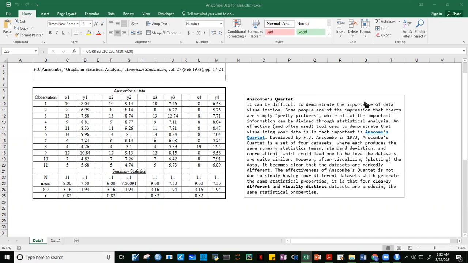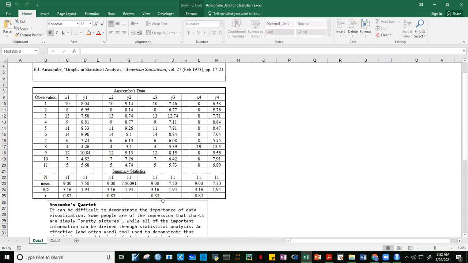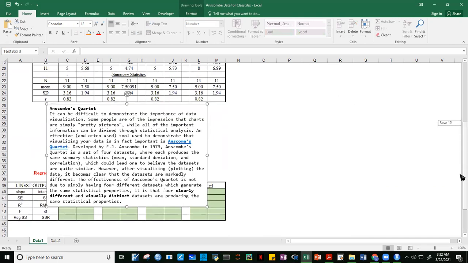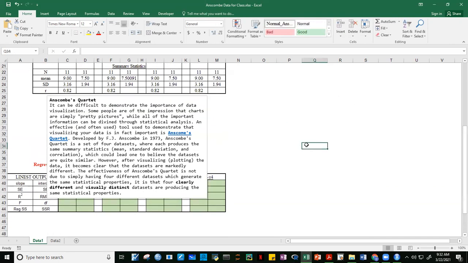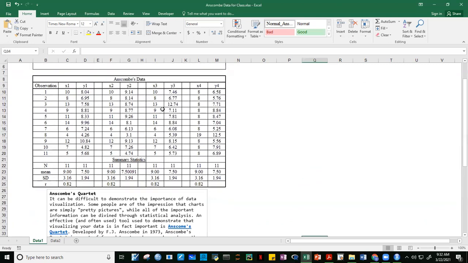So some would say that pictures are nice to have, but they're not really that important. Okay, as we will illustrate here, an effective and often used tool to demonstrate that visualizing your data is in fact important is the Anscombe's Quartet. So let's show that here.